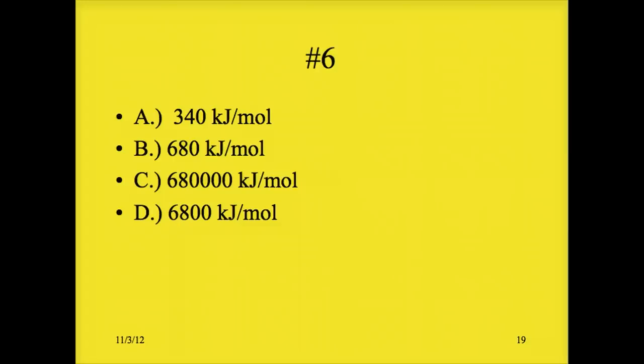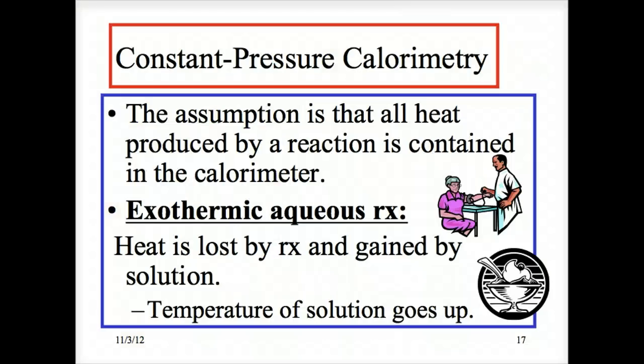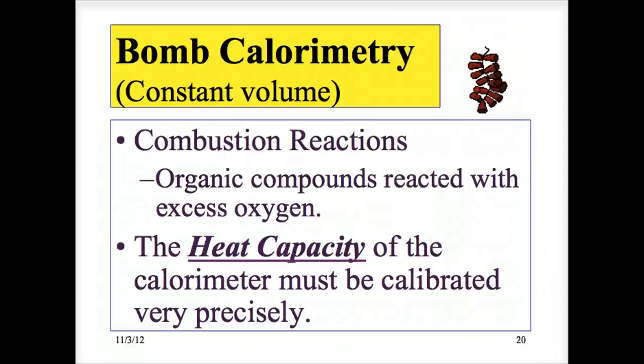Now the opposite of a constant pressure calorimeter is a constant volume calorimeter, and a constant volume calorimeter is kind of hard to do. You have to have a well-armored vessel, like a pressure cooker.